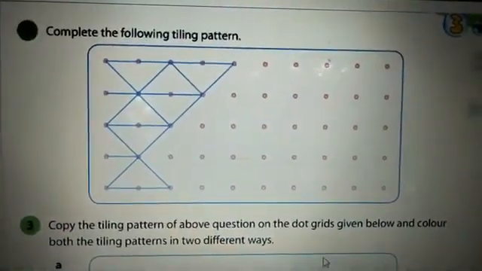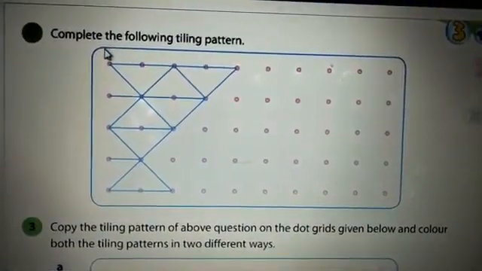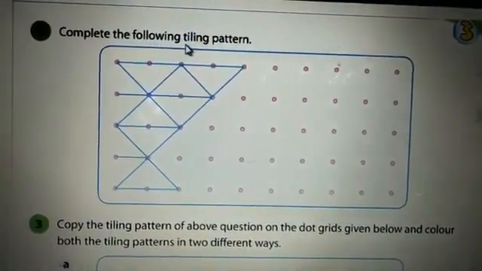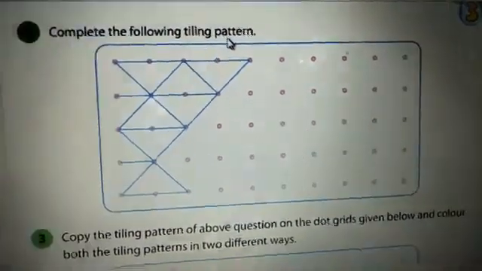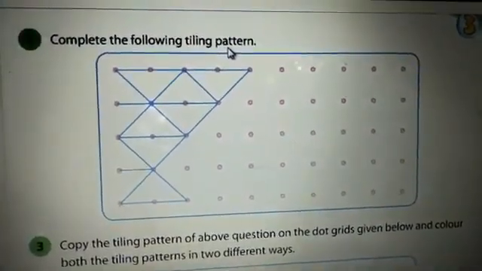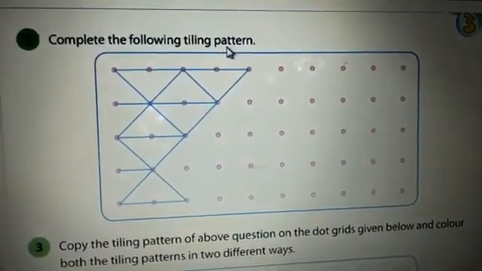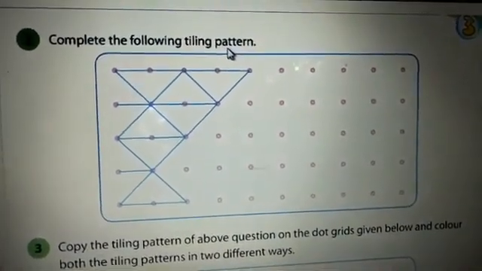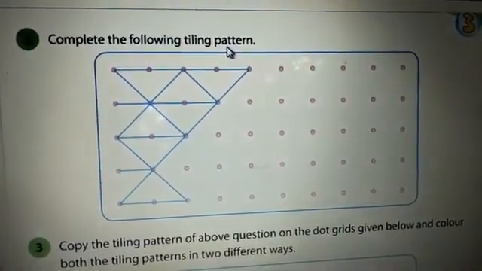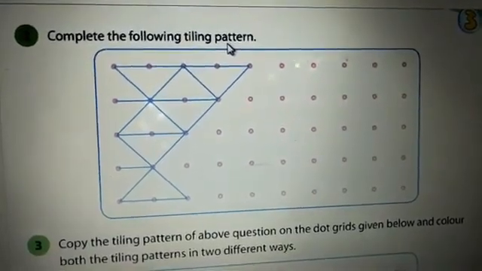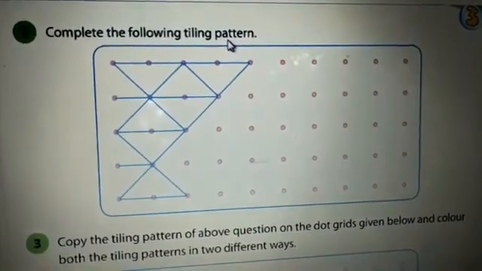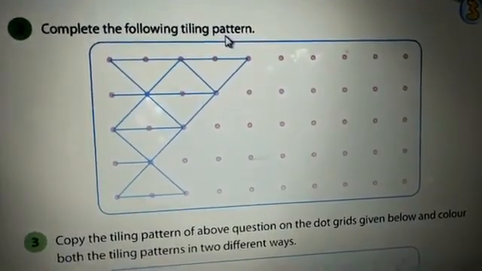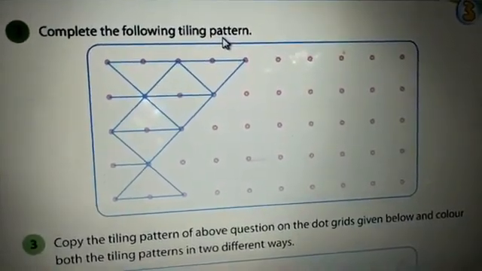This is your next exercise, children. Complete the following tiling pattern. First, I show the question, children. Next, I have to show the answer also. You should try this in your maths classwork note and take a snap and send to me for the correction.